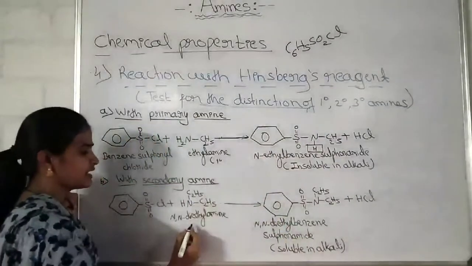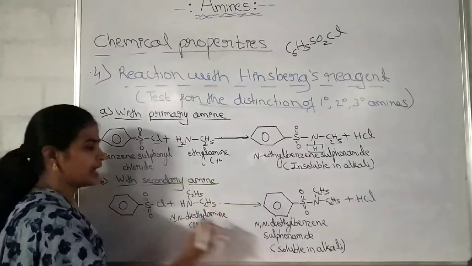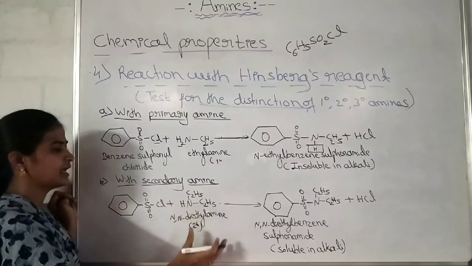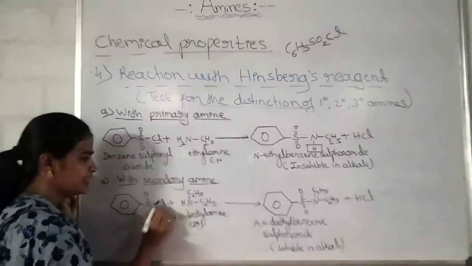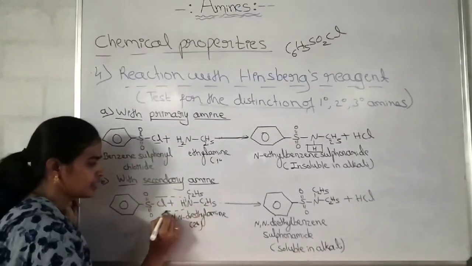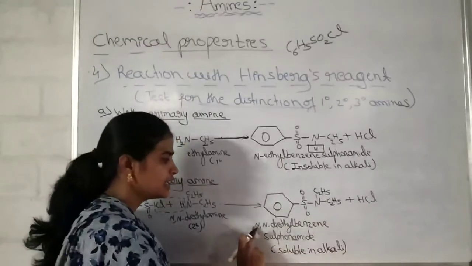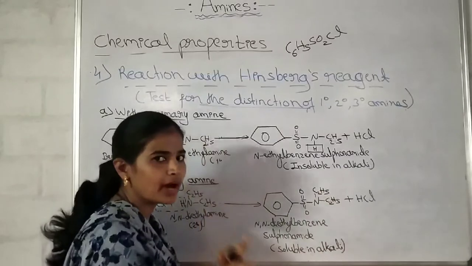Suppose we have taken a secondary amine, for example N,N-diethylamine. When it is treated with benzene sulfonyl chloride, elimination of HCl takes place by forming this product, N,N-diethyl benzene sulfonamide.